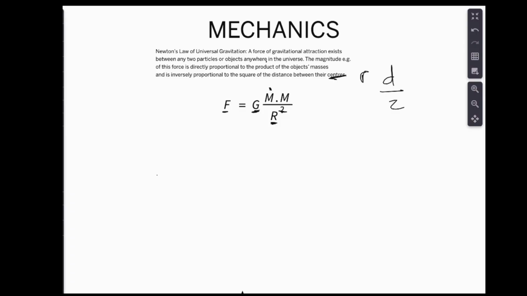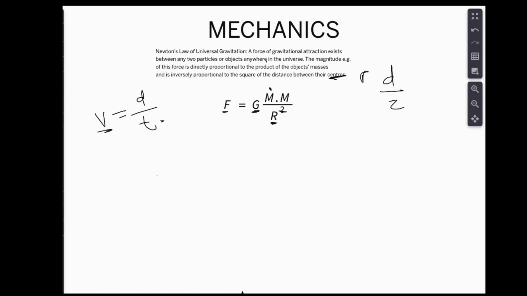Let me put it to you like this. Speed is equal to distance over time. Sometimes they'll give you the speed and the time and they want the distance.